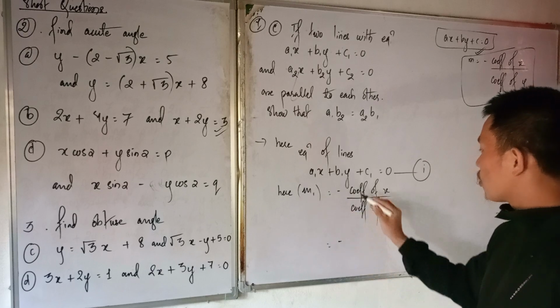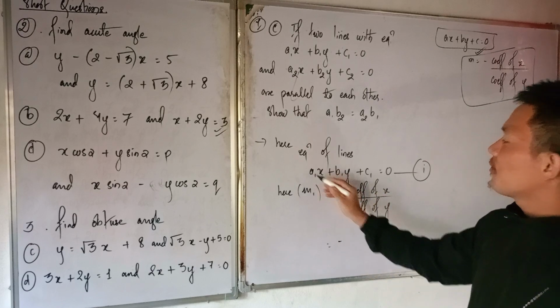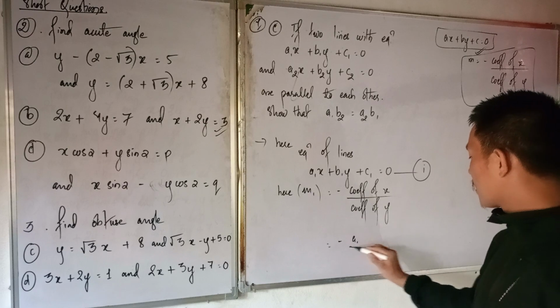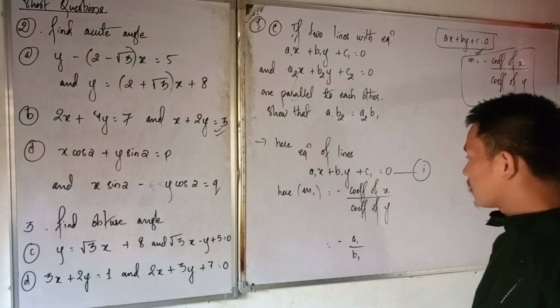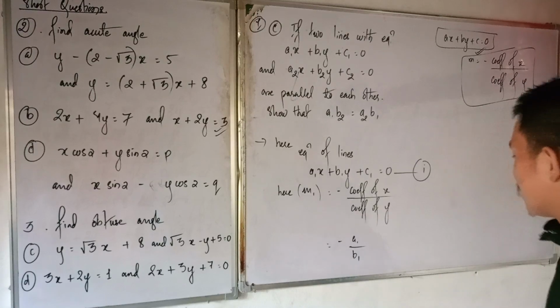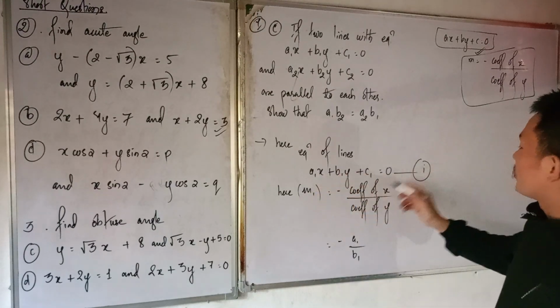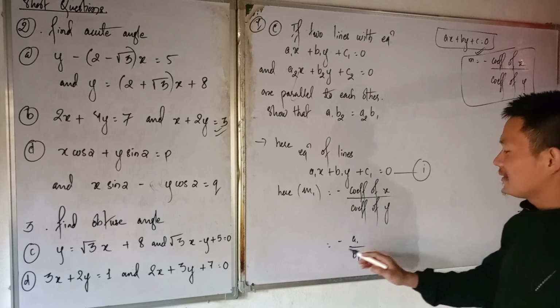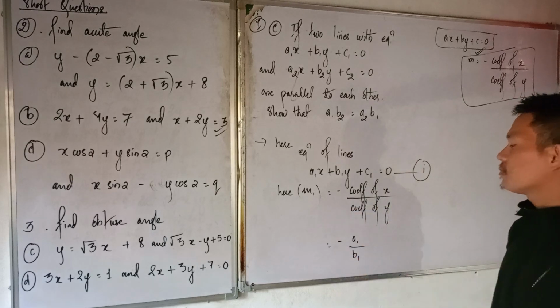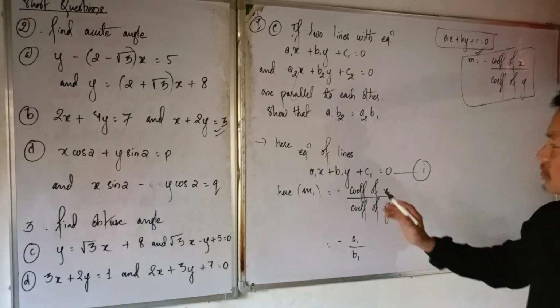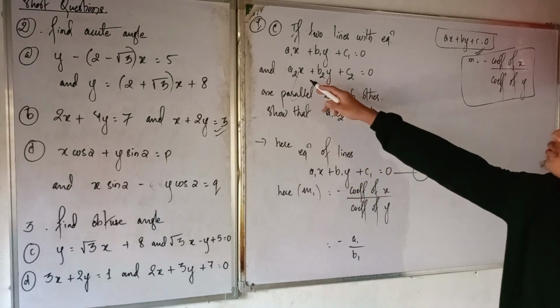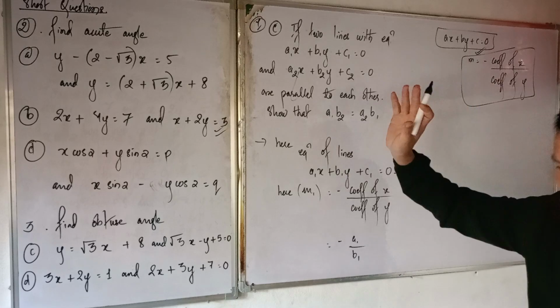The coefficient of x is a1 and the coefficient of y is b1. So the slope m1 of line (i) is minus a1 divided by b1.